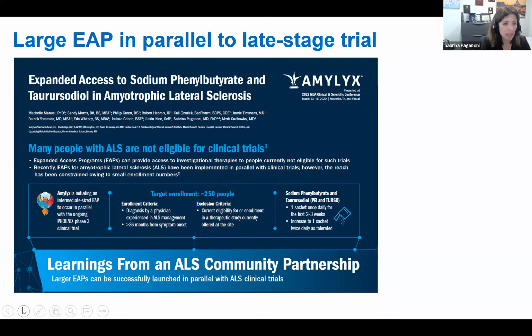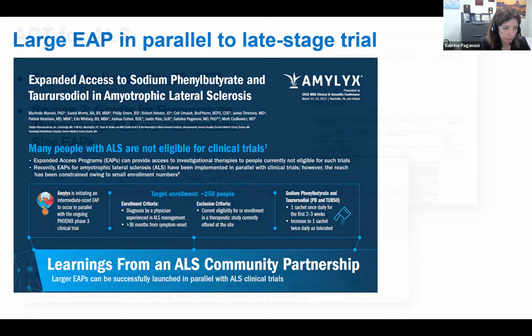So again, the main learning is that it is possible to have large EAPs that work in parallel to ALS clinical trials, and specifically in the case of Amylyx, that was the Phoenix phase 3 trial. So again, the idea here is, can we develop models that can improve access, inclusion, participation, while we're also testing drugs in the context of formal clinical trials?